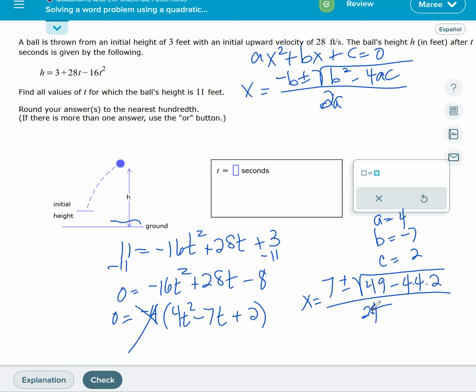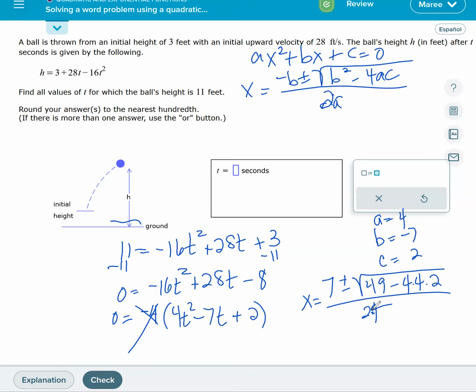We're timesing those. So 4 times 4 is 16, times 2 is 32. 49 minus 32 is 17. So I'm going to use my calculator, put in 7 plus the square root of 17 over 2 times 4, which is 8.